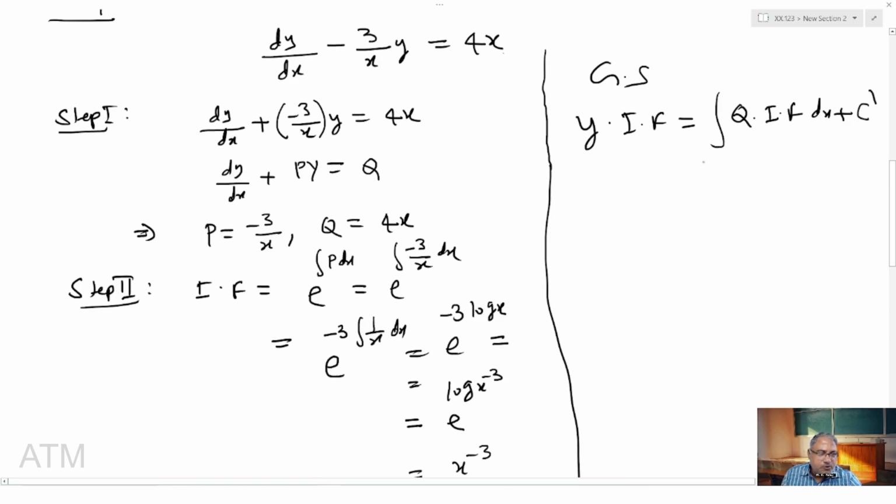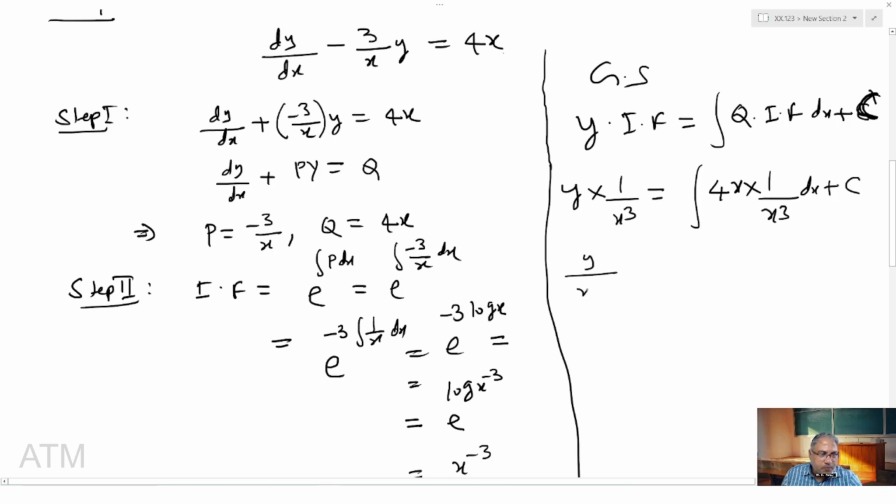So c dash or c, we don't know whether to write c dash or c, so write down c. If we want, later on we will change it. y into integrating factor, that is 1 upon x cube, equals q, nothing but 4x upon x cube, with respect to x plus c.